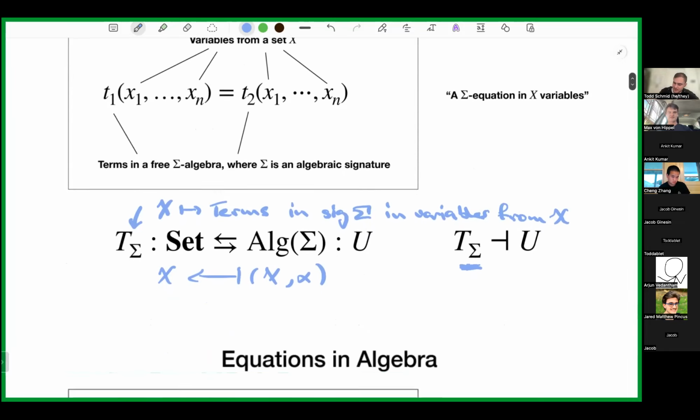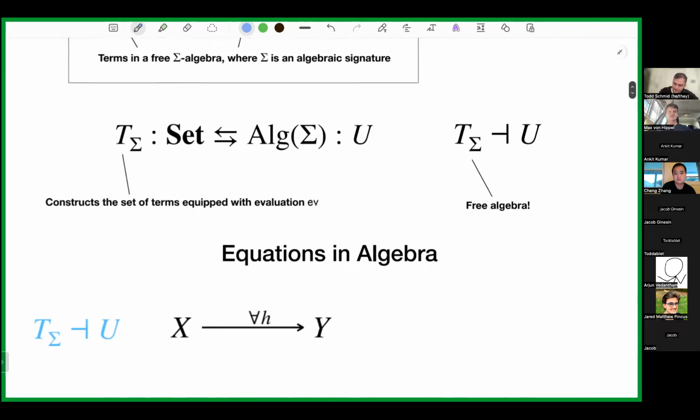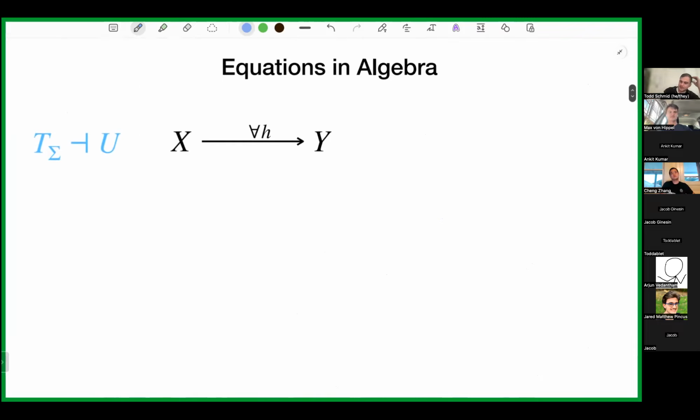Now, what that really means is that if I start with a function from X, which we're interpreting as our set of variables, into an algebra Y, I'm assuming it comes with an algebraic structure, some way of using these algebraic operations from sigma to build new things out of old things.